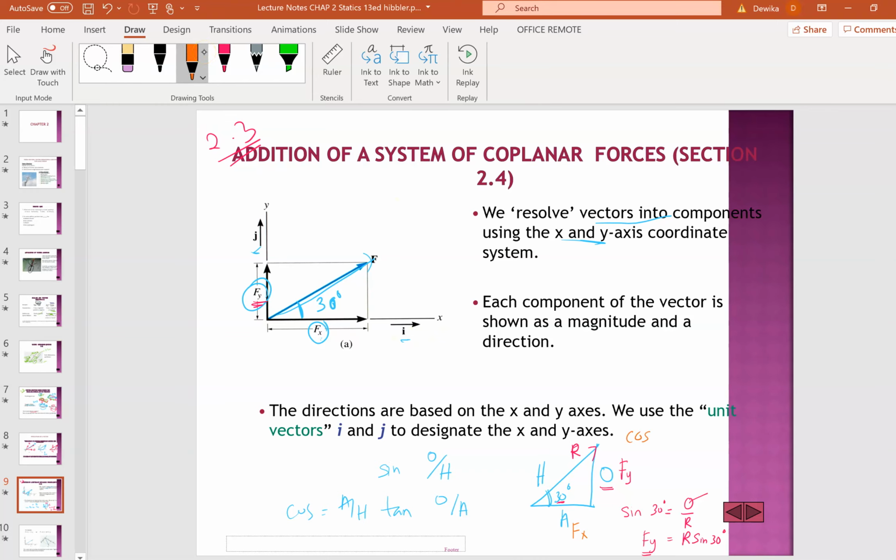Cos 30 is adjacent over hypotenuse, which in this case would be Fx over resultant. So Fx would be R cos 30. Can you understand that? Fx would be R cos 30.